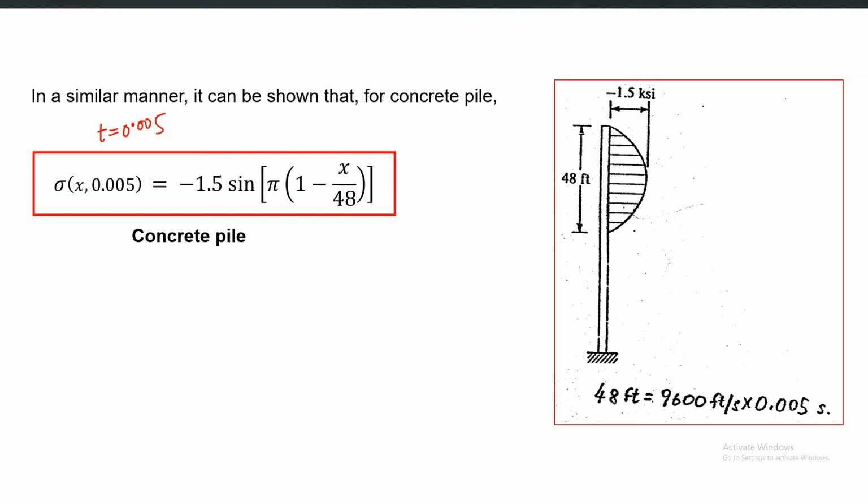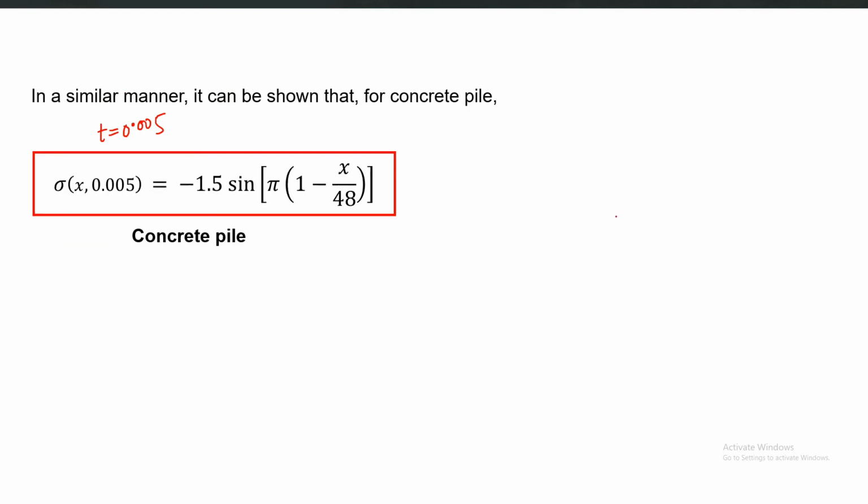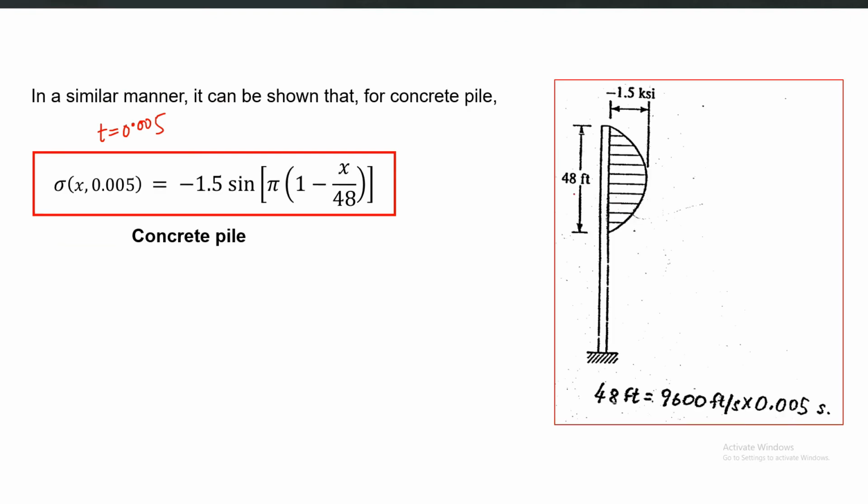And you can compare it with the previous one. The stress profile was spanning over 84 feet in the steel case, but for concrete it will be just spanning over 48 feet.